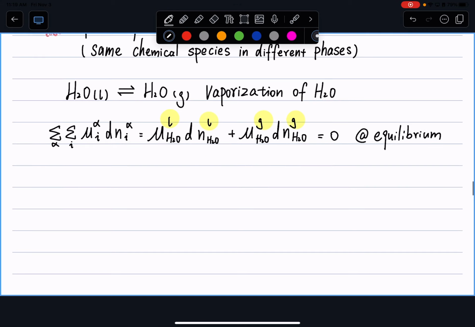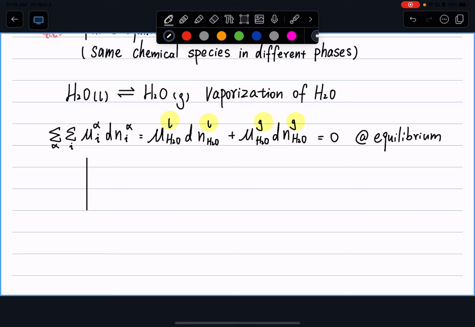Or the other way to put it is, if we think about it, we can go down here. When liquid goes to gas, now imagine the number of moles of your water that's being changed, so dN H2O. That's the change of your number of moles of H2O going from liquid to gas phase.